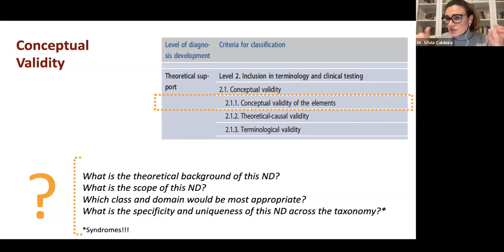Is there a room, 2 rooms, 3 rooms? So it makes no sense. We need to find one class, one domain, and try to justify, based on theory, that nursing diagnosis in that domain, in that class. And this is very interesting. We need to do this.